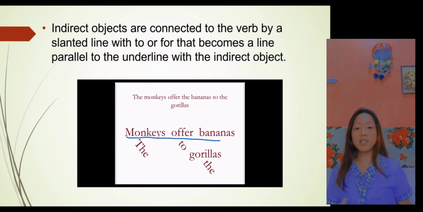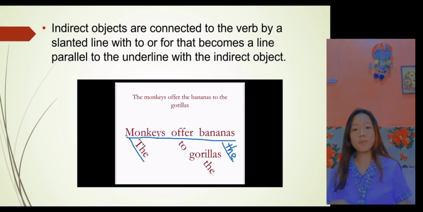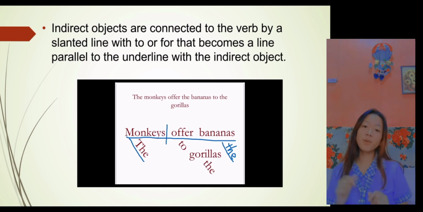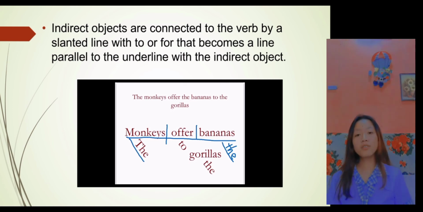Because the forms a unit with the monkeys, the diagonal line comes from the monkeys. Now, let's separate our subject and our verb with a vertical line that crosses the underline, and separate our verb and our direct object with a vertical line that does not cross the underline. Now, let's deal with our indirect object first.